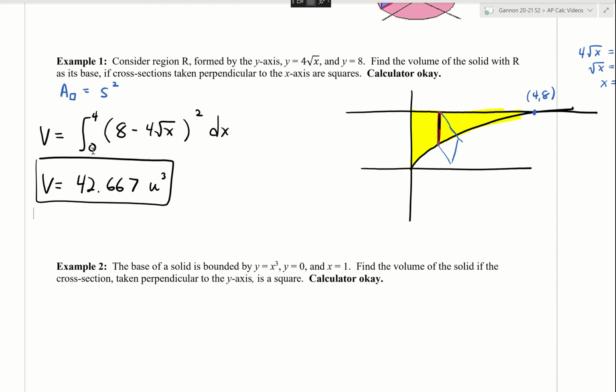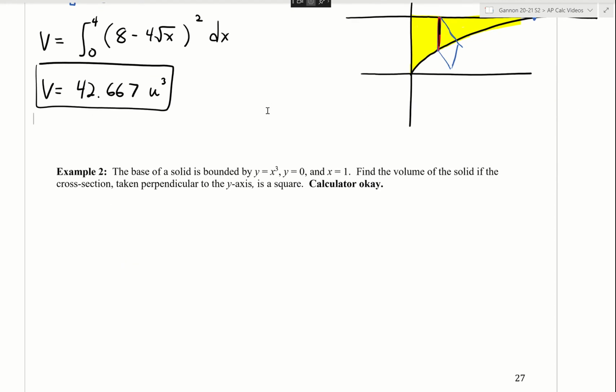So our limits of integration are going to go from 0 to 4. And the side length of the square in this case is going to be found by top minus bottom to get that distance. And that's the function, top minus bottom, that goes into our formula. All right, hope you guys found that helpful.